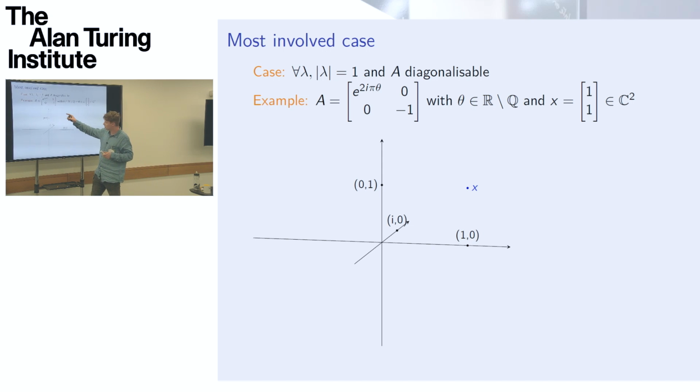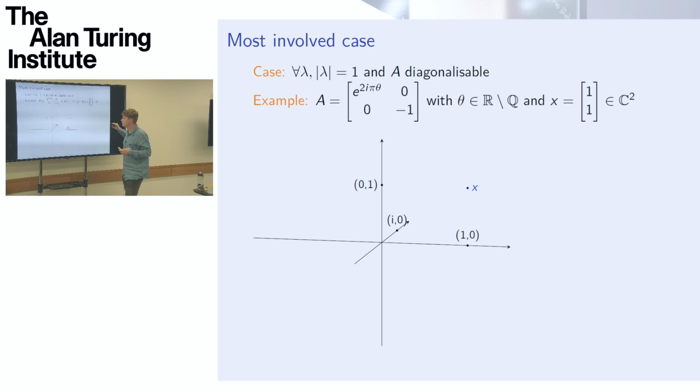Here we're going to have a first coordinate that makes a rotation of angle theta, with theta not a rational multiple of 2 pi, okay? And then on the second coordinate, we're just going to alternate +1, -1, +1, -1.